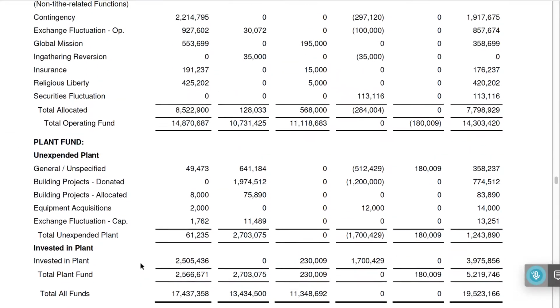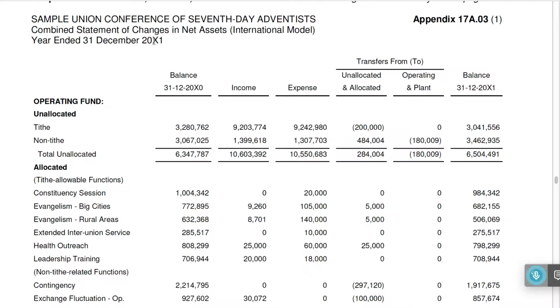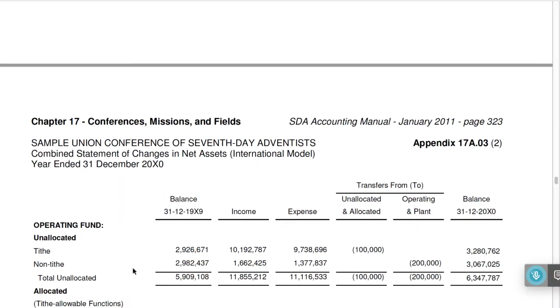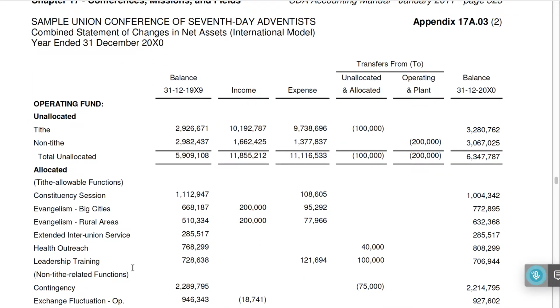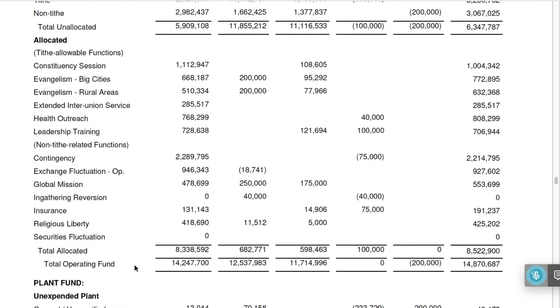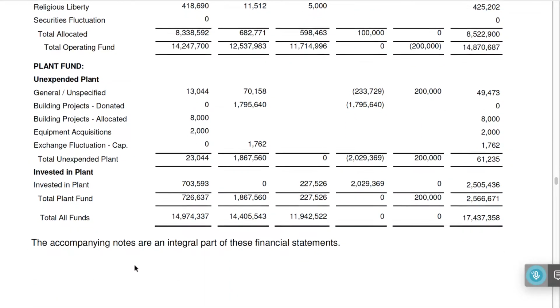So this third report that you see here, the combined statement of changes in net assets at the end of that year, is the same as this one, but it's just for the previous year. So they're exactly the same information and purpose, but for two different years.